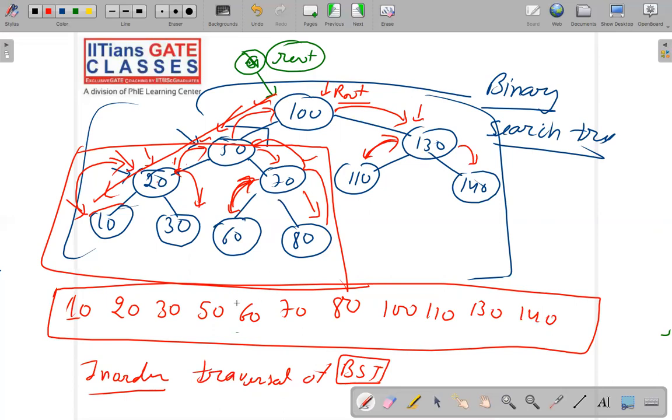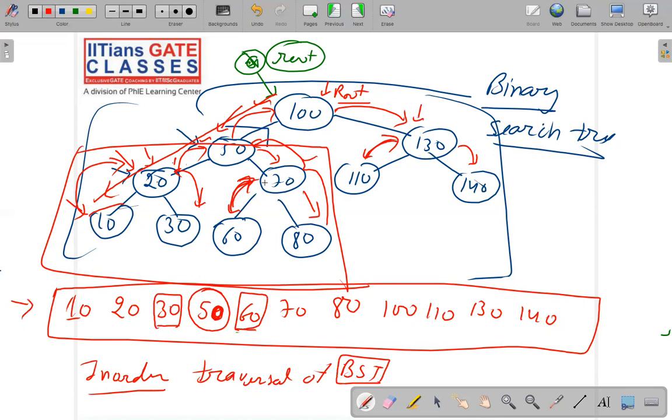So if I check 50 in the in-order traversal, what is its predecessor? This is the predecessor and this is the successor. In the in-order traversal of a tree, if we pick one node, 50, its predecessor is 30 and its successor is 60.